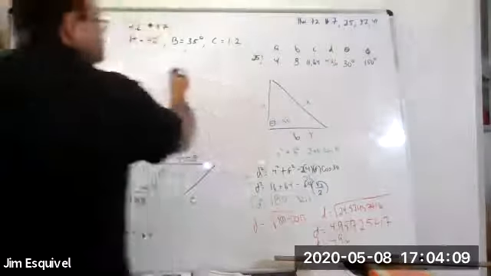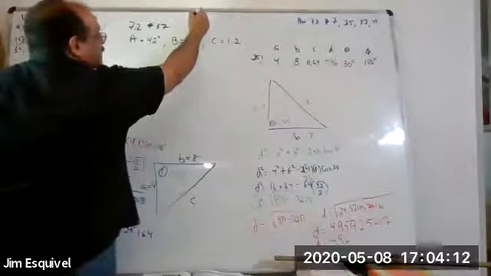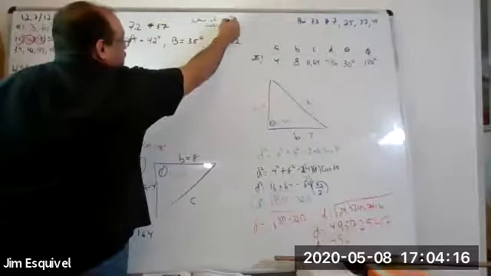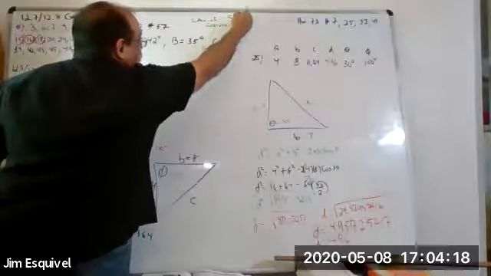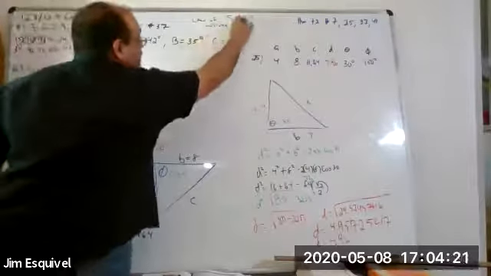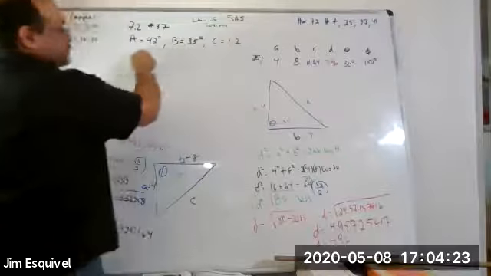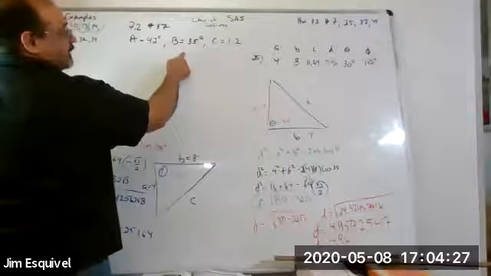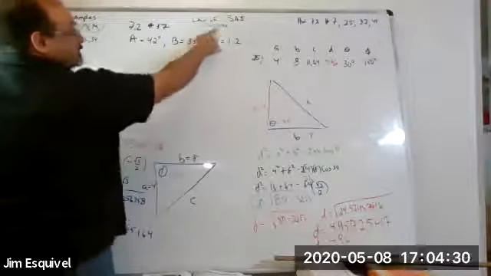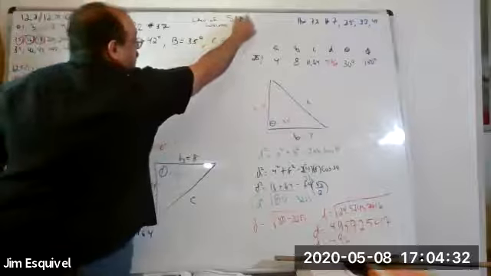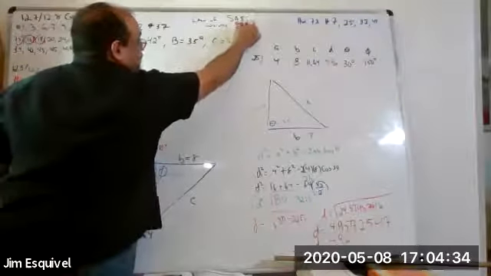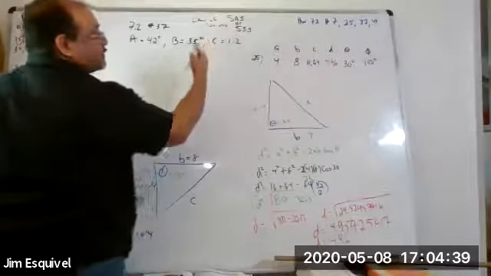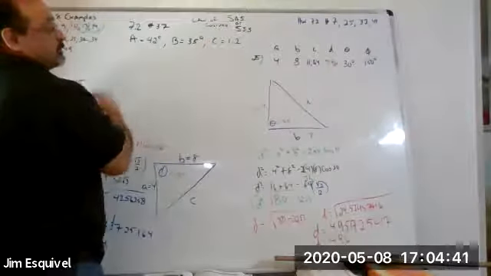Law of cosines is for side, angle, side. So you have to have two sides and the included angle. This is two angles and a side. So this is definitely not law of cosines. Law of cosines works if you have side, side, side. If you have three sides, you can find one of the missing angles.